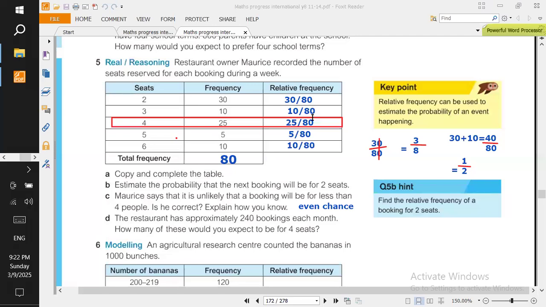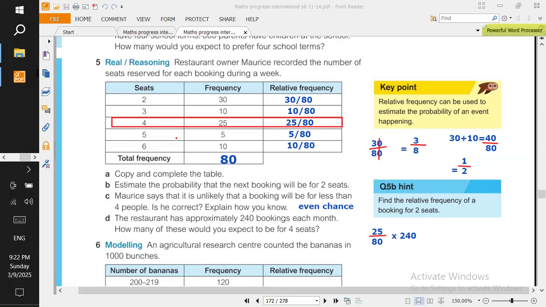Now we take the relative frequency and multiply it by the number of times, which is 240. So we're going to take 25 over 80, like this. This is the relative frequency of 4 seats. Now we multiply it by the number of times, which is 240, times 240. Now we start simplifying.